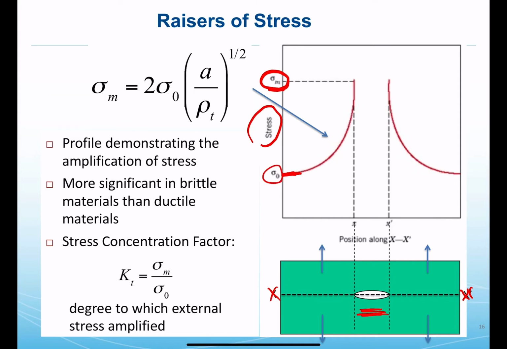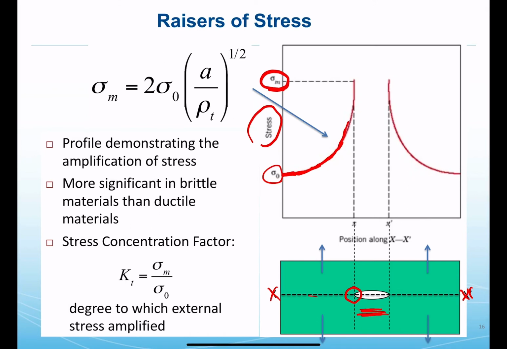As we get closer and closer to that surface and tip of the crack, we can see that actual applied sigma is building towards the ultimate sigma m value, which we can predict from our equation.